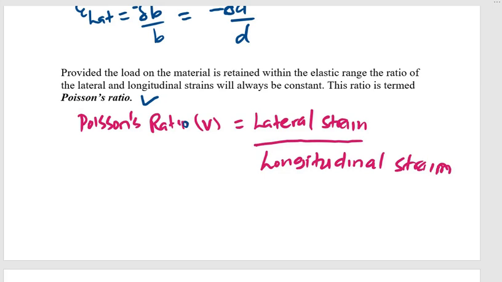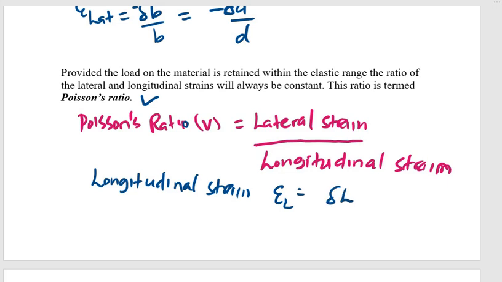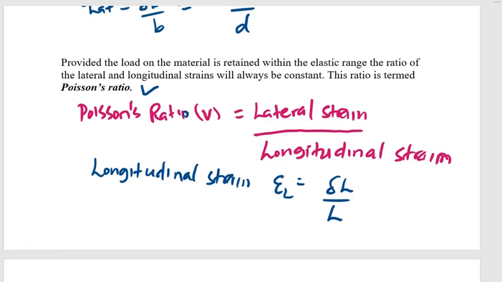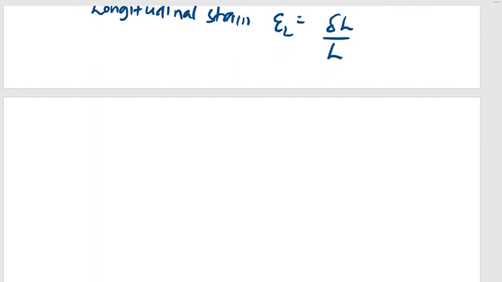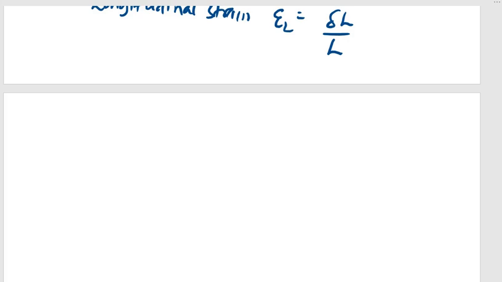we have already said longitudinal strain is equal to change in L divided by L. We know the lateral strain, and therefore we can give the Poisson's ratio.